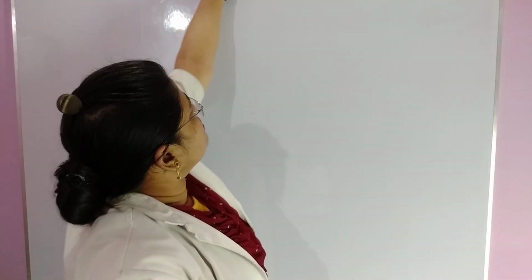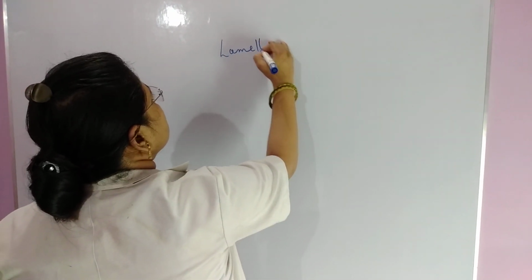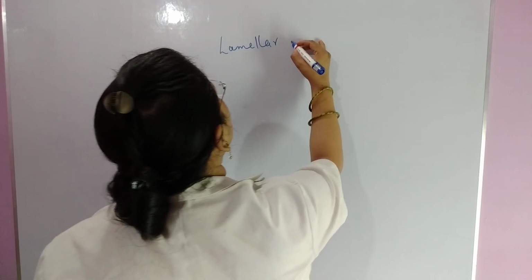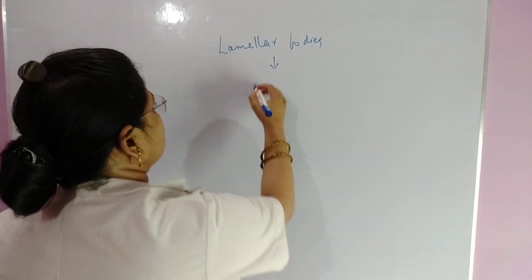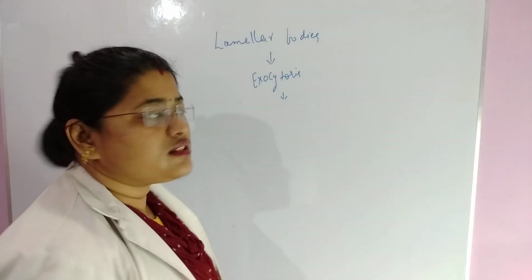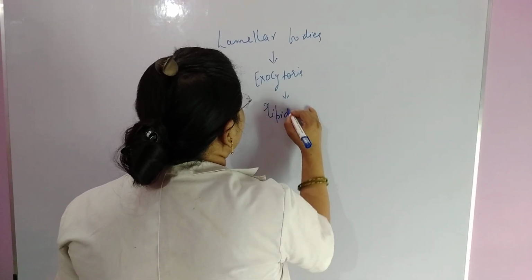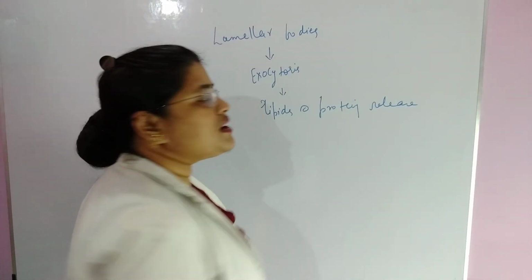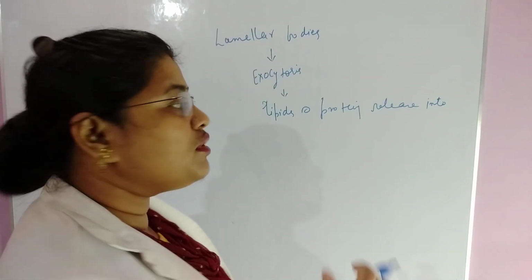These lamellar bodies store proteins and lipids inside, and through exocytosis these lamellar bodies release lipids and proteins into alveolar fluid.